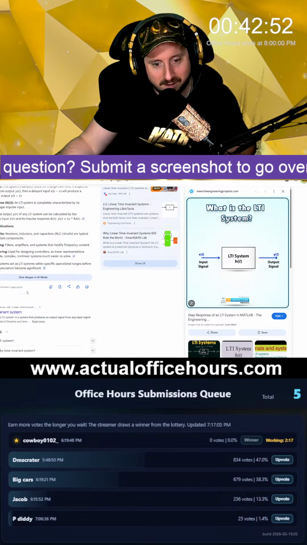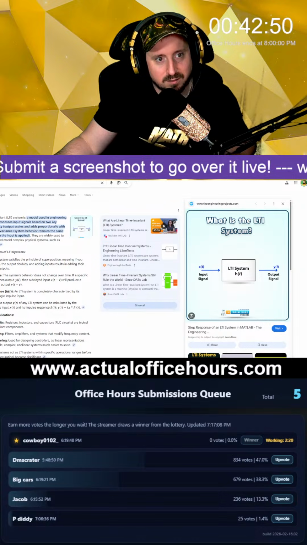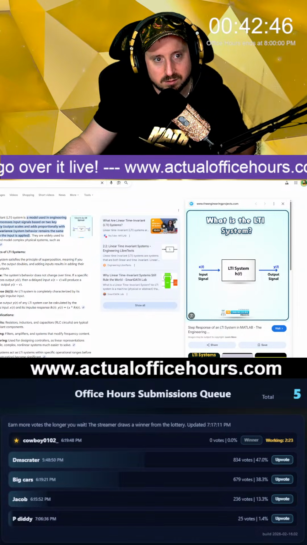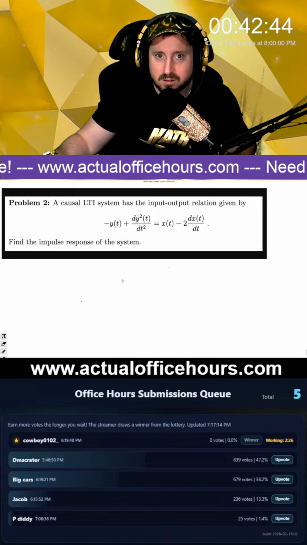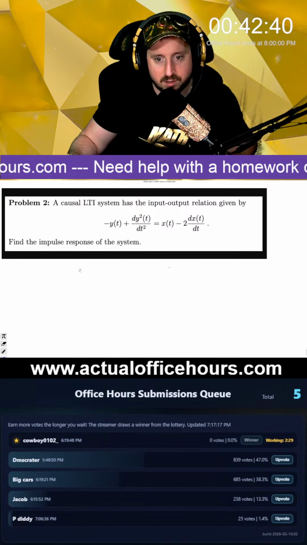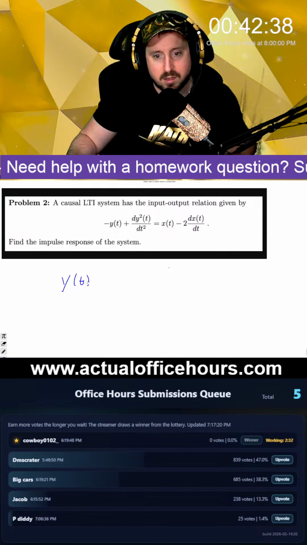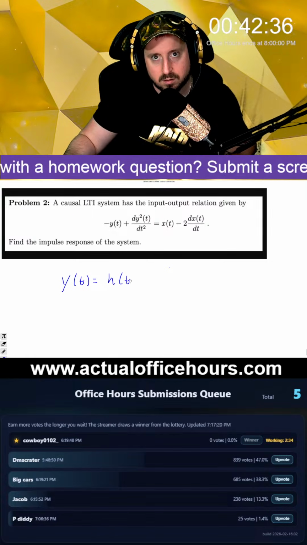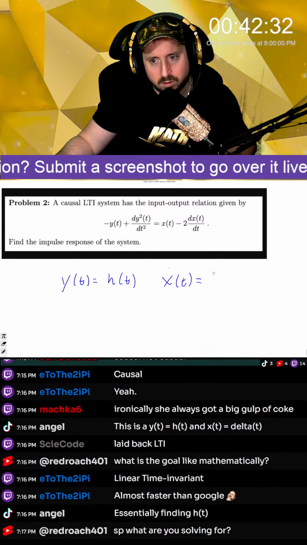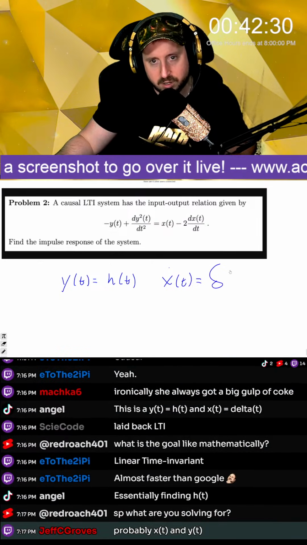Okay, what are we solving for? Angel says this is y of t is equal to h of t, and x of t is equal to, sorry, delta of t?